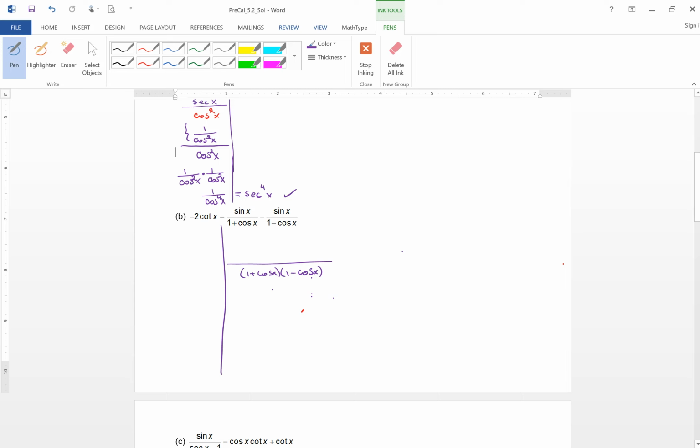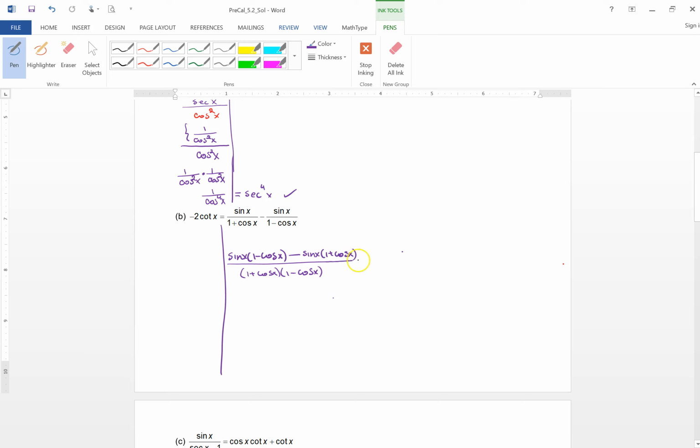Now, just like we did in the last section, I take this denominator divided by this. I have 1 minus cosine x times sine x. Minus, this cancels with this, 1 plus cosine times sine x.